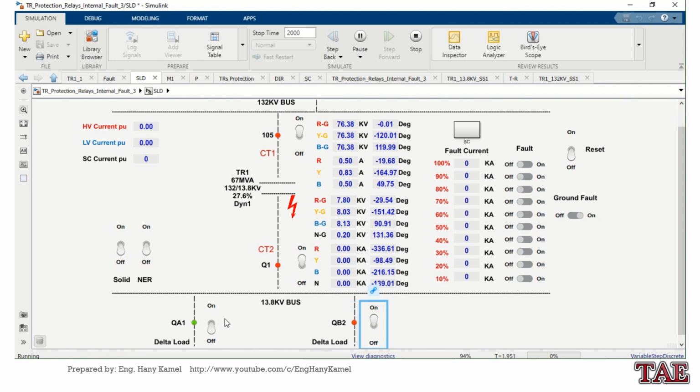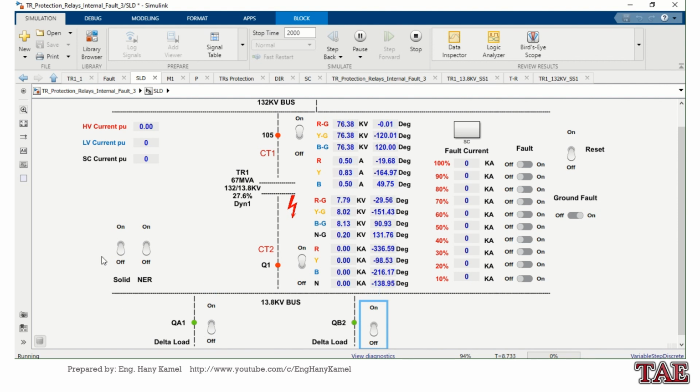If I add load, my transformer is working and loaded at around 65% in a stable condition. Now I will start to make a fault, but I will remove the load so we can see only the short circuit current.